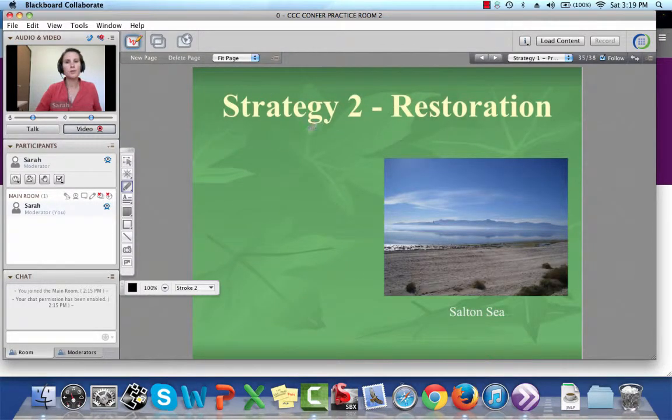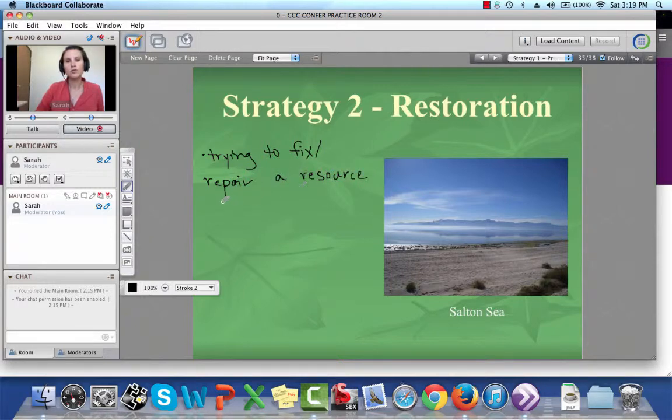All right, number 2, restoration. This strategy in here, you're basically trying to fix and repair a resource. You're trying to restore it to its natural state. And we see this being used more and more.